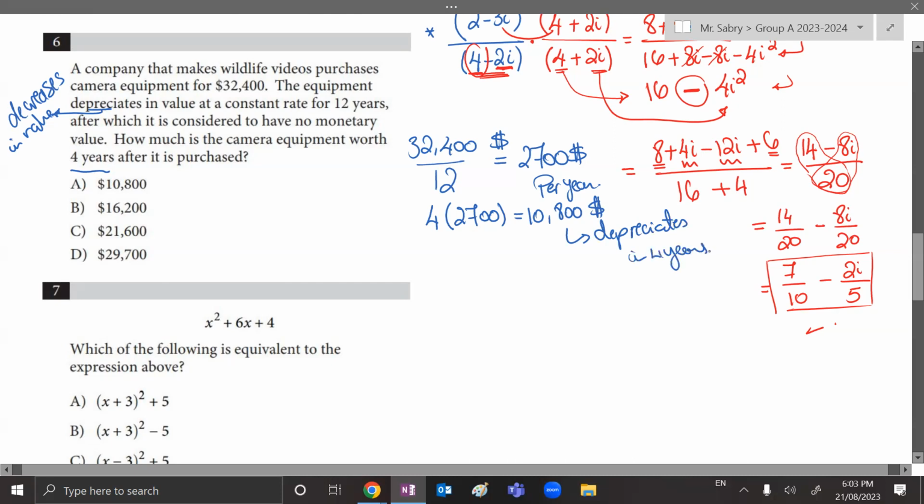It's the amount اللي بننقصه during the 4 years. So I have to do 32,400 minus, sorry, not 2,700, minus 10,800, which is the value it should depreciate in 4 years. That's 21,600. So C is the correct answer. Does this make sense?